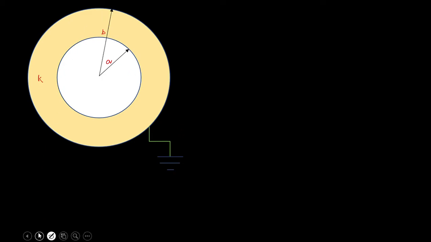So if we give some positive charge to the inner sphere, definitely due to induction a negative charge will be developed on the inner surface of the outer sphere.